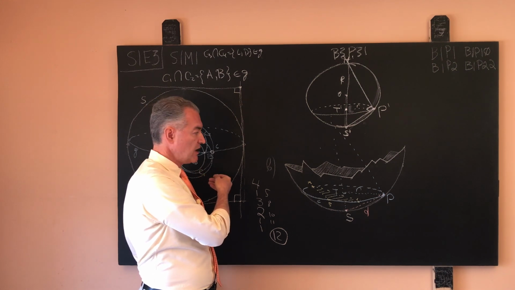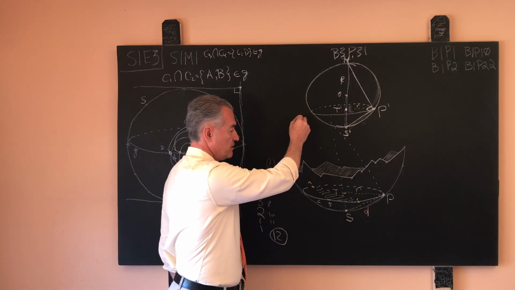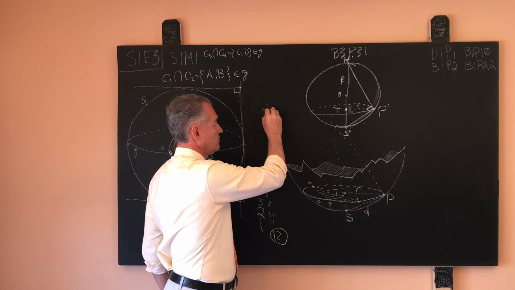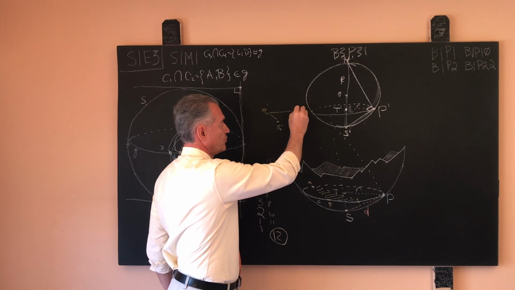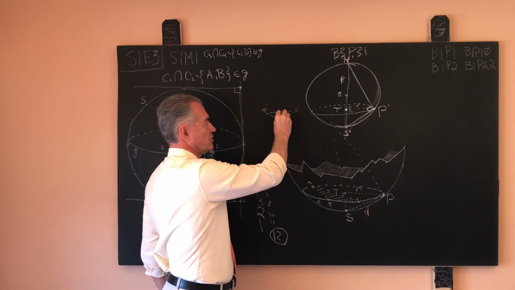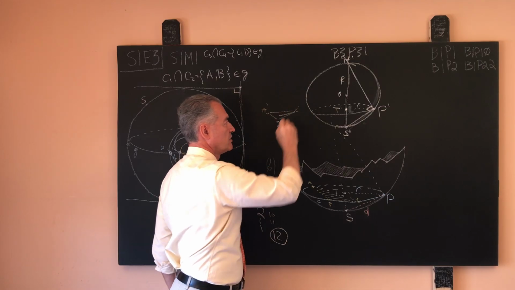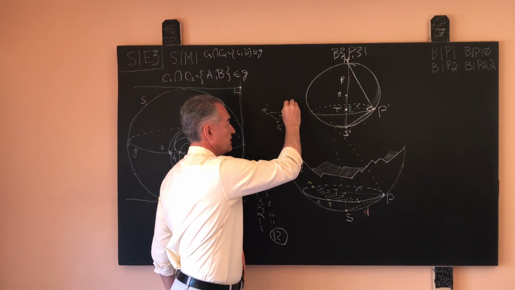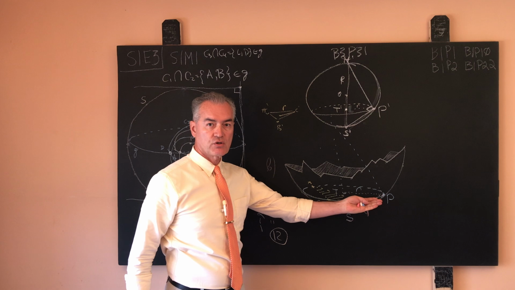We can construct a faithful representation of the triangle ABC in the plane and call it A prime, B prime, C prime, like we did in the first solution. Find the circumcenter and locate the length of the circumradius of that helper triangle, and that length will be exactly equal to the length of the radius of that circle.